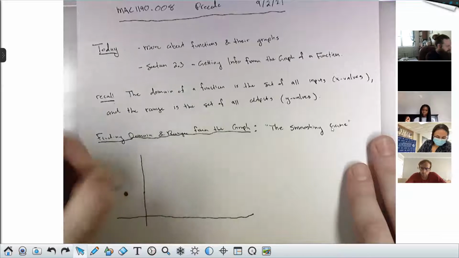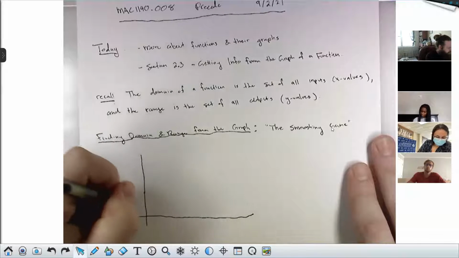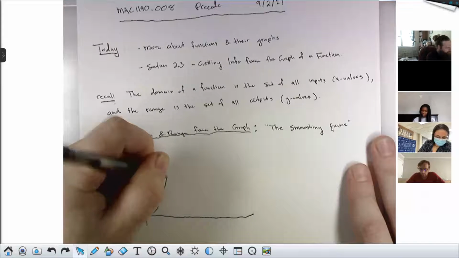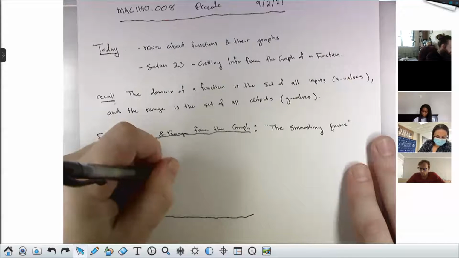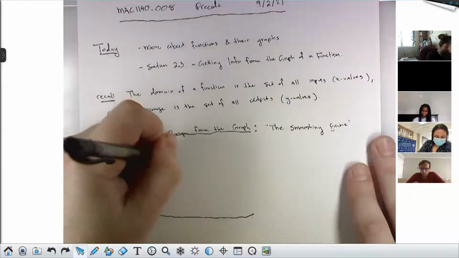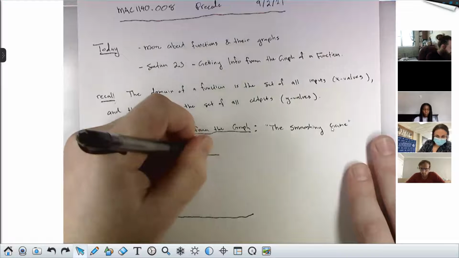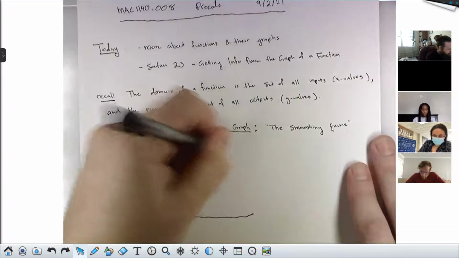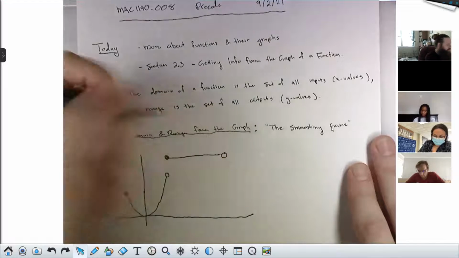Start over here, something like this. Maybe that comes up here like this. At this x value, just continue that. And then maybe this is open over here.